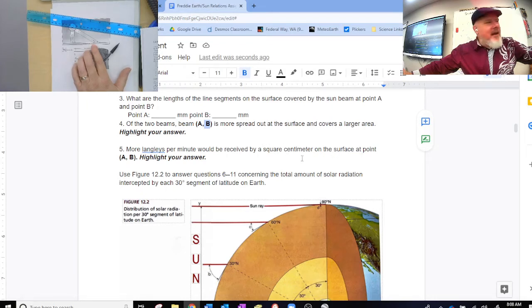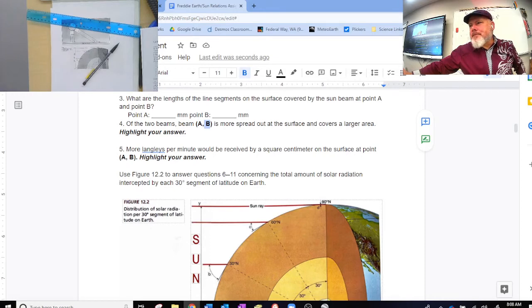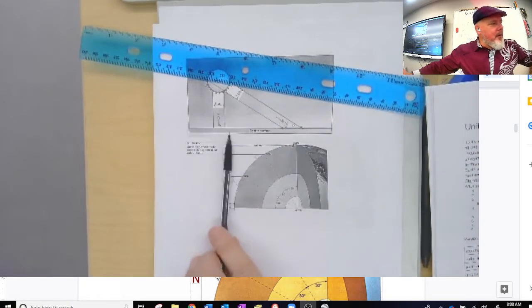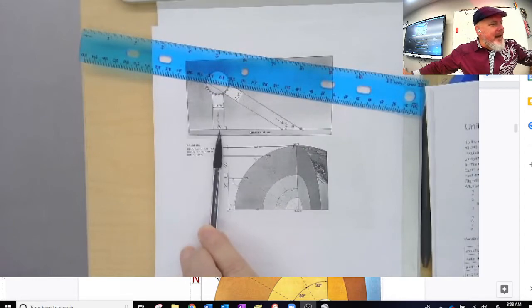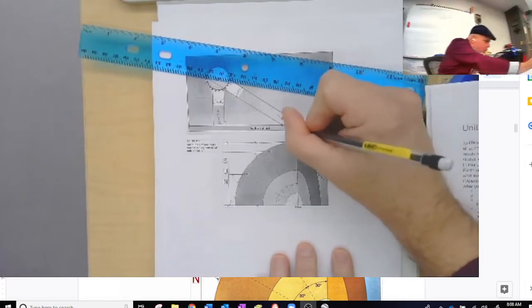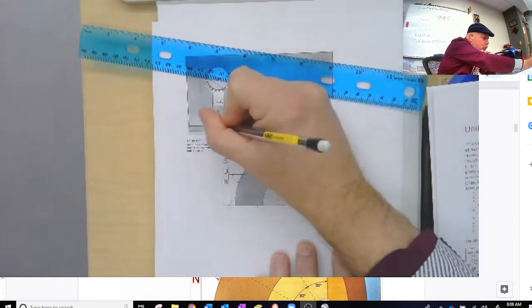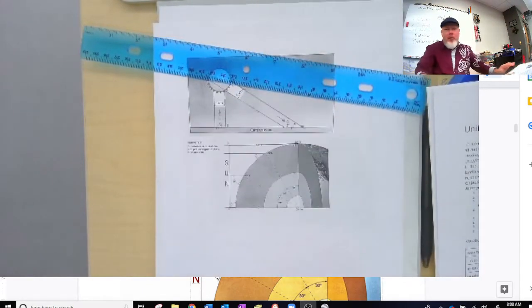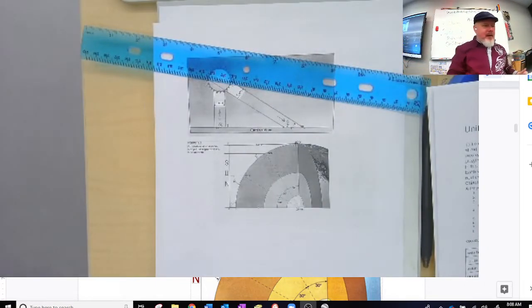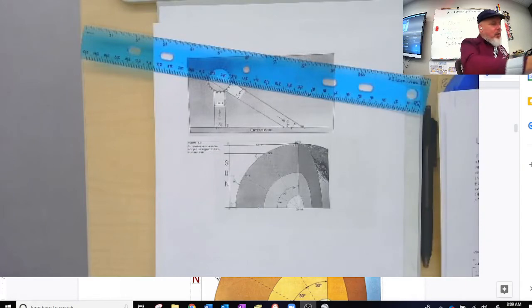In other words, if I look at point A or point B, if we were to look at just one small little section, who's getting more radiation? Is it going to be point A and point B? How do I answer that? How do I know which one it is?